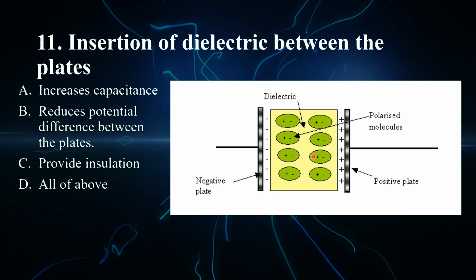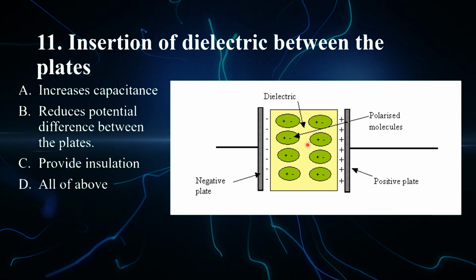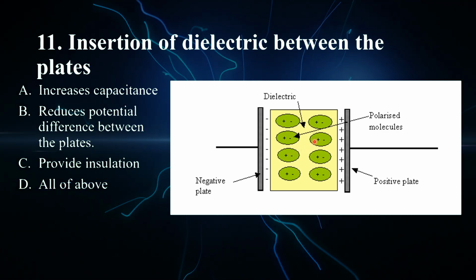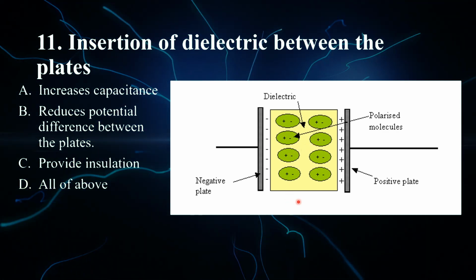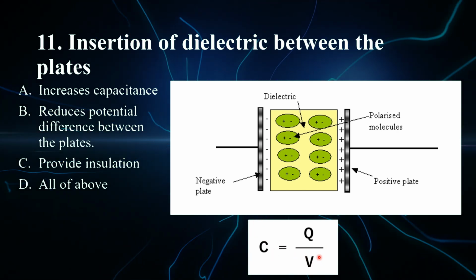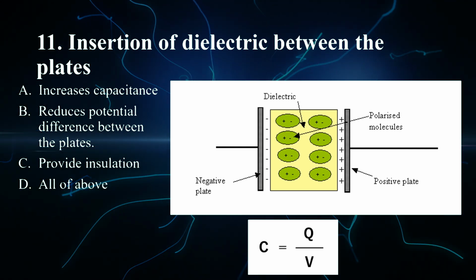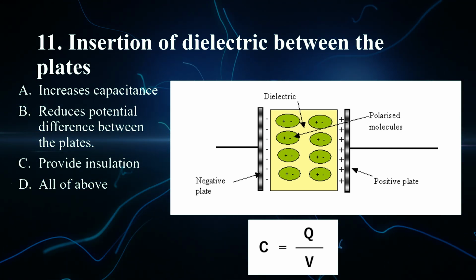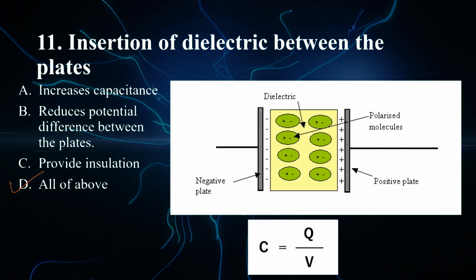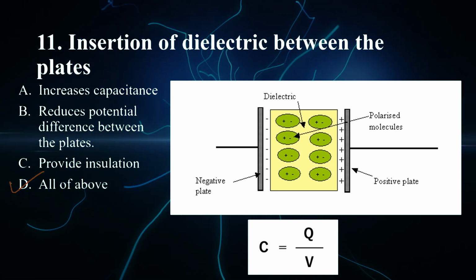This reduces the net field, allows more charge to be stored, increasing the capacitance and decreasing the potential difference according to this formula. If the capacitance is increased, then the potential difference will be decreased. Then you can say that option D is correct, as it also provides insulation. So all of the above options are correct.